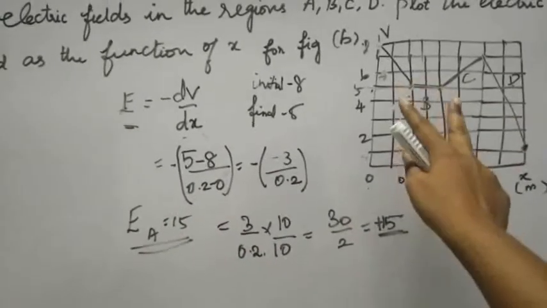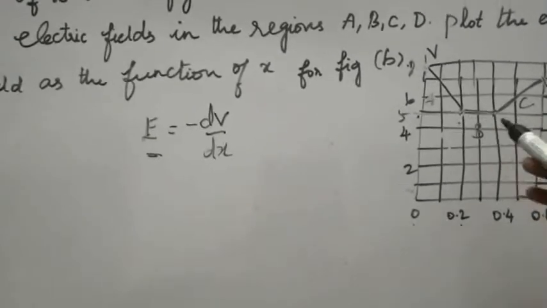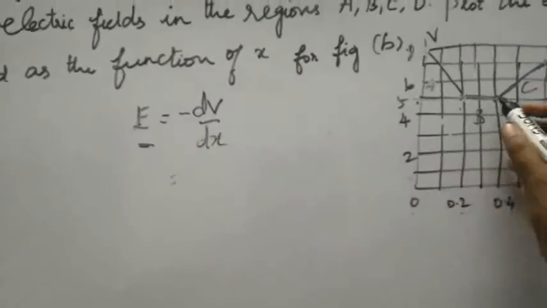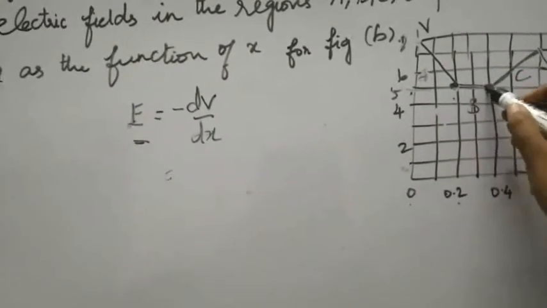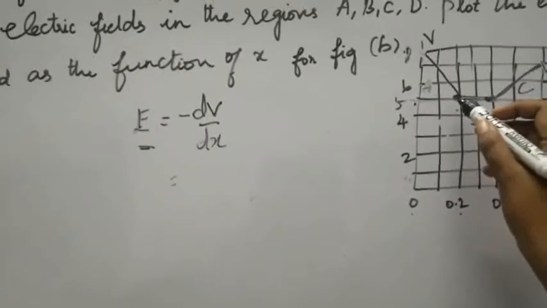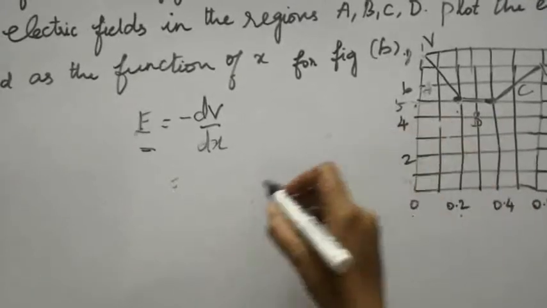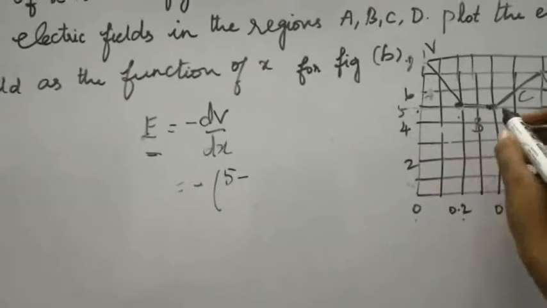Similarly, go on to region B. For region B, there is no slope and it is constant. The y value for the initial point is from here and ends up here, in the B region. So the initial point on the y-axis is 5 and the final point is also 5.